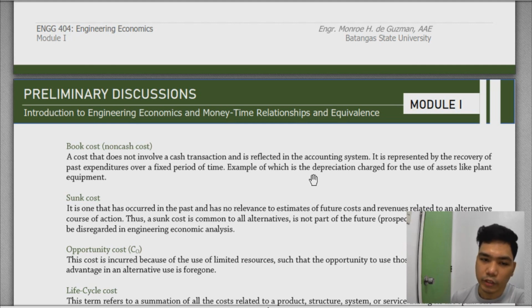That's why it couldn't be reflected in a certain cash transaction. But either way, we know that the value of this equipment should not be the same as its original one, and that is what we call the book cost, wherein we're considering the depreciation charged for the use of the assets, like the plant equipment that I've been talking about.